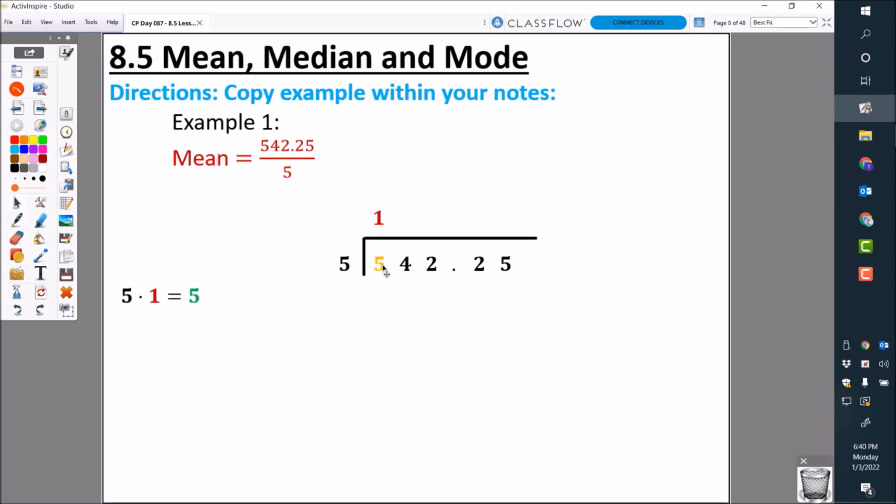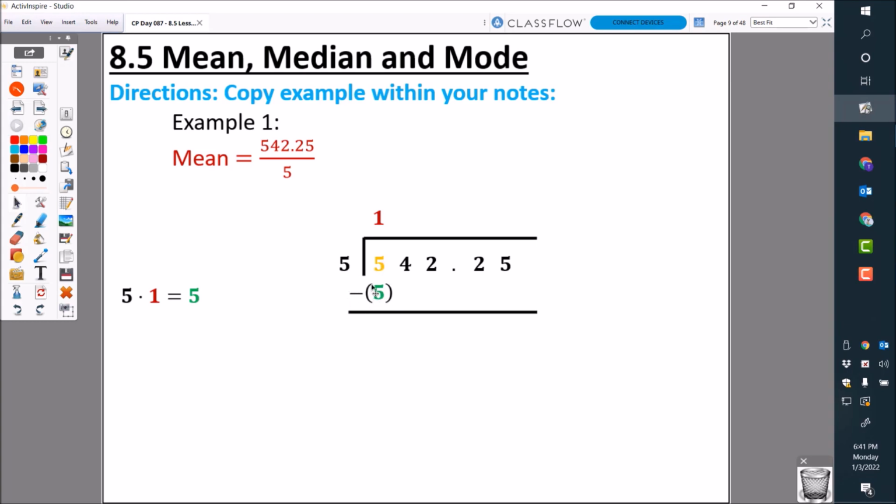Next, I'm going to calculate by doing 1 times 5, or I would say 5 times 1, and it'll equal 5. Once you finish multiplying that, you're going to put in the first number, the highlighted 5. So I put the green 5 underneath the yellow 5, and there we're going to subtract. Now I put parentheses because in the event you have a negative number, that minus sign would change it.